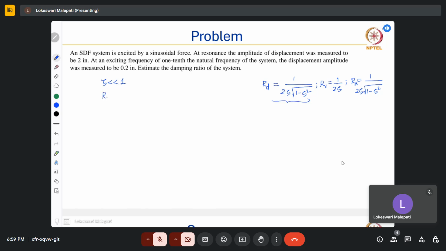So this will become 1 by 2 zeta, because this term will be close to 1. So this is the response factor. That means the actual displacement will be 1 by 2 zeta p naught by k.